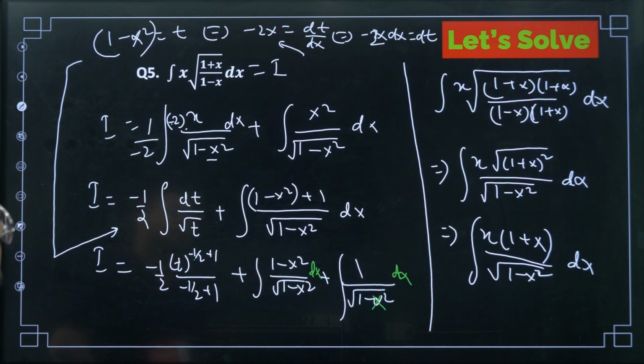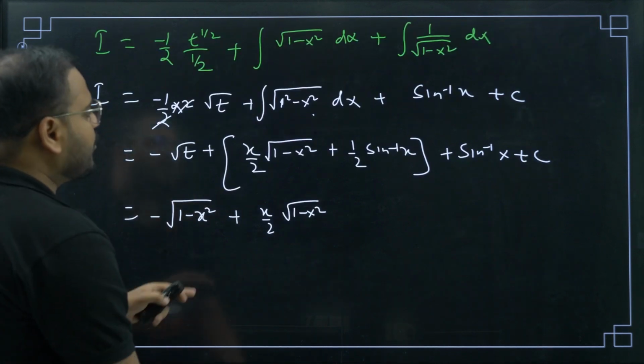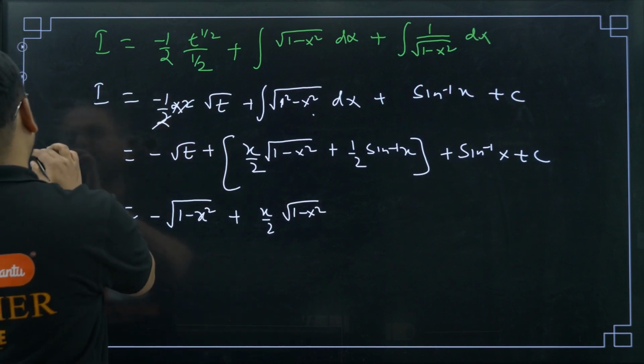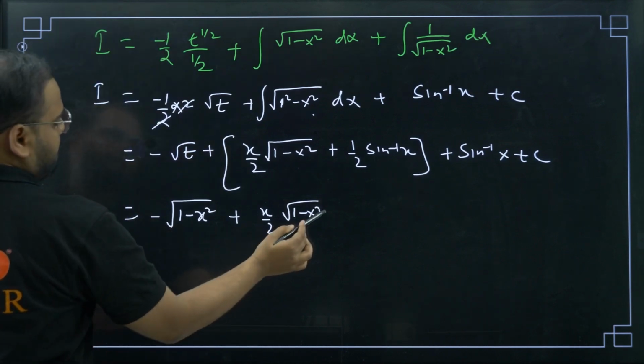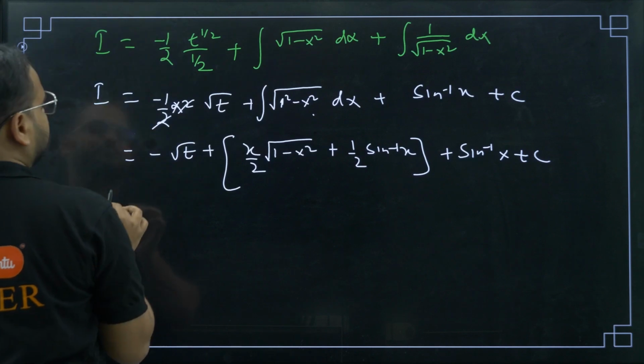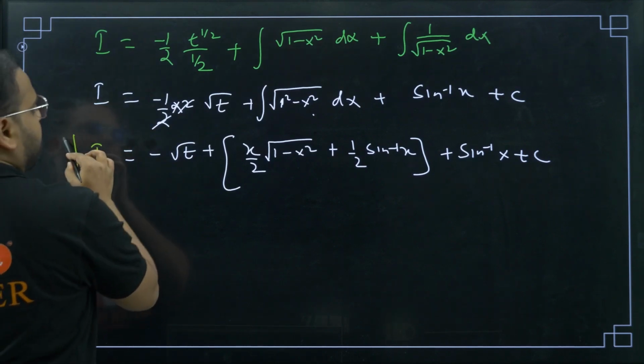Okay. That also is right. This is plus only. So if you want, you can club them. If you want, you can add them together. Or you can write it like this also. If you want, erase this, and write this as your answer. This is my integration I.